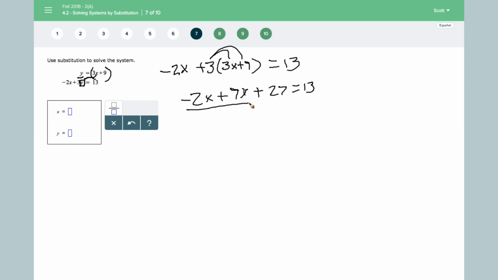I can combine my x's. Negative 2x and 9x is 7x, plus 27 equals 13. So now I just solve for x. Minus 27, minus 27, giving me 7x equals, and this one I'm just going to do quickly on a calculator to make sure I get it right. 13 minus 27 is negative 14.